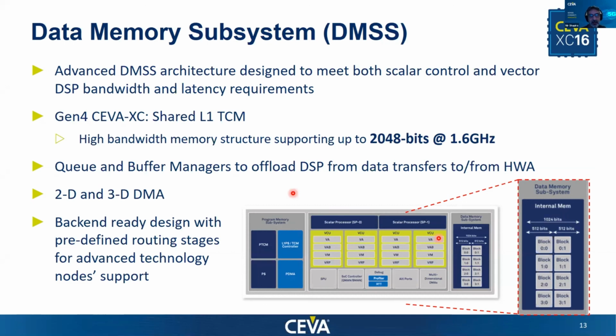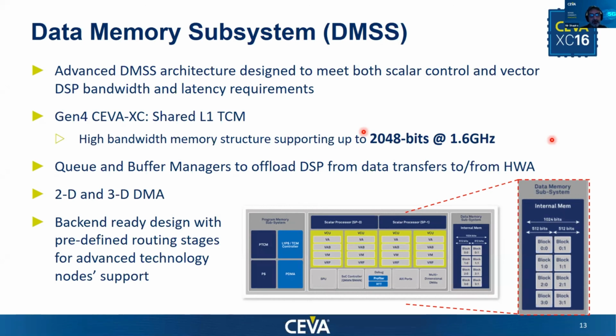So this TCM that we see here, you can instantiate as much as 1.5 megabytes, and this supports very fast memory access, as I've said, clocked at very high speeds in 7 nanometer.